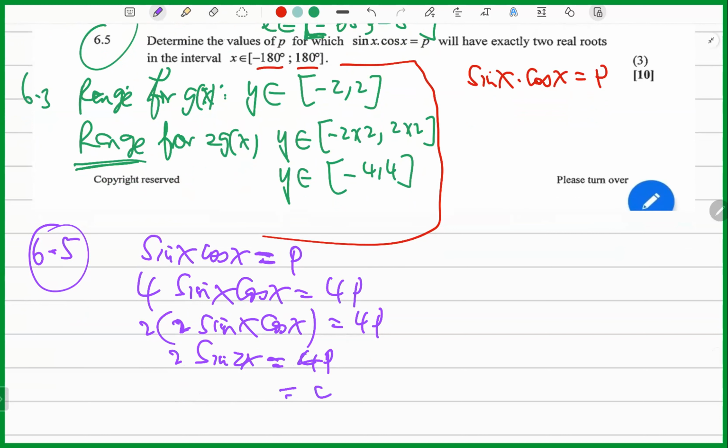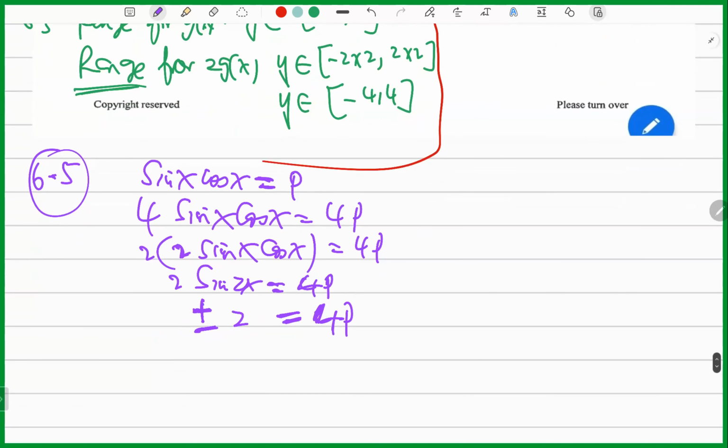So which means that 4p is plus or minus 2. Because here you consider the maximum is 2 and the minimum is minus 2.